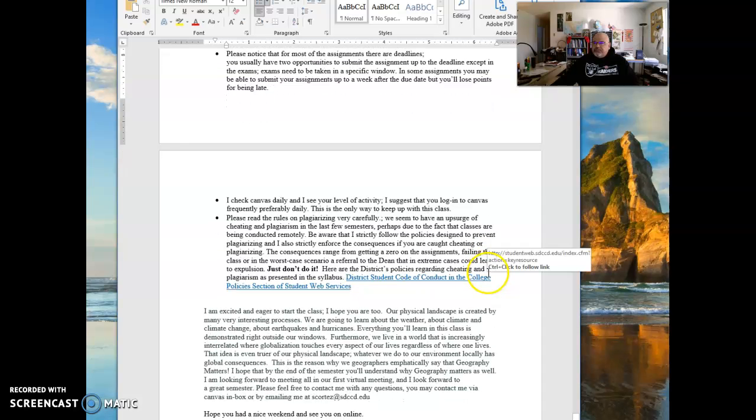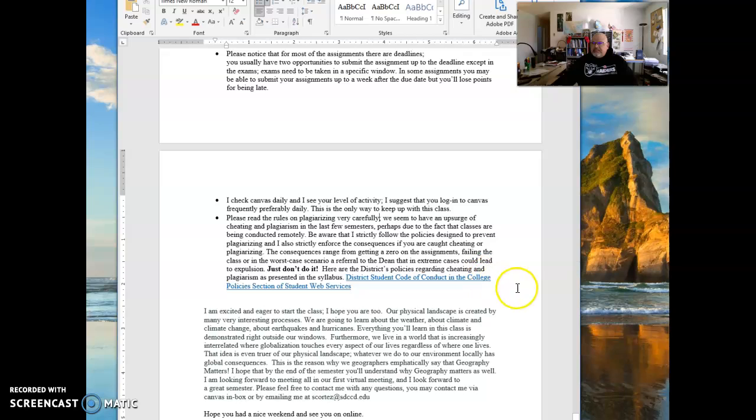Please read the rules on plagiarism very carefully. We seem to have an upsurge of cheating and plagiarism in the last few semesters, perhaps due to the fact that classes are being conducted remotely. Be aware that I strictly follow the policies designed to prevent plagiarizing, and I strictly enforce the consequences if you are caught cheating or plagiarizing.